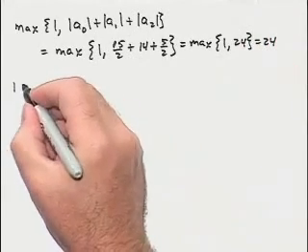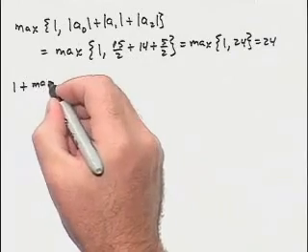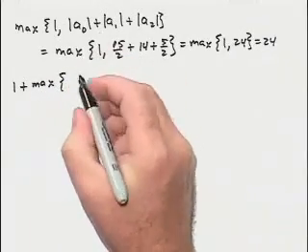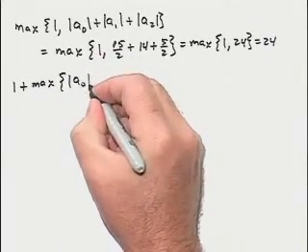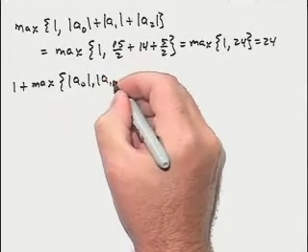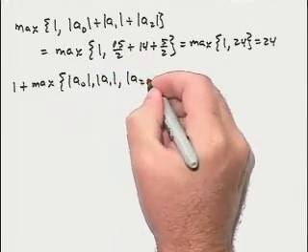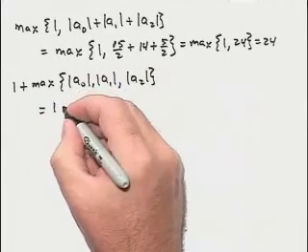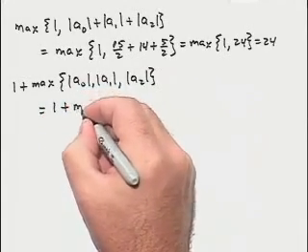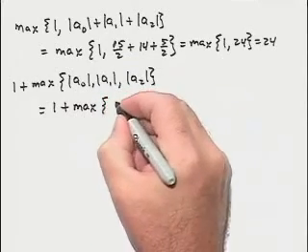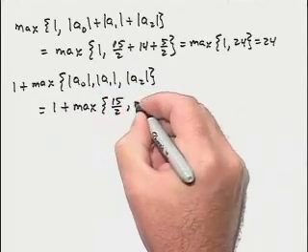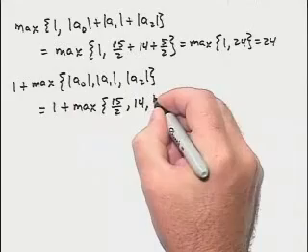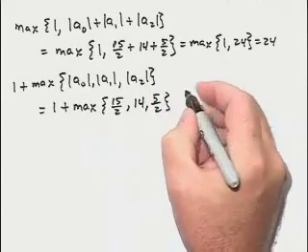We also need to find 1 plus the maximum of the absolute value of the a's. A sub 0, absolute value of a sub 1, and the absolute value of a sub 2. This will be 1 plus the maximum of 15 halves, 14, and 5 halves.